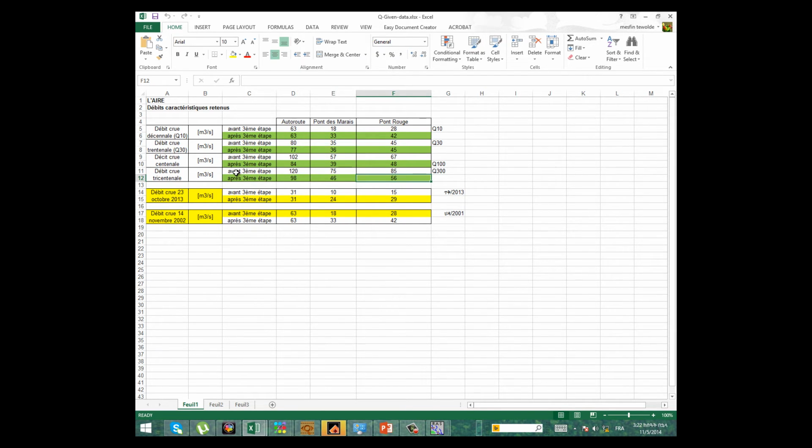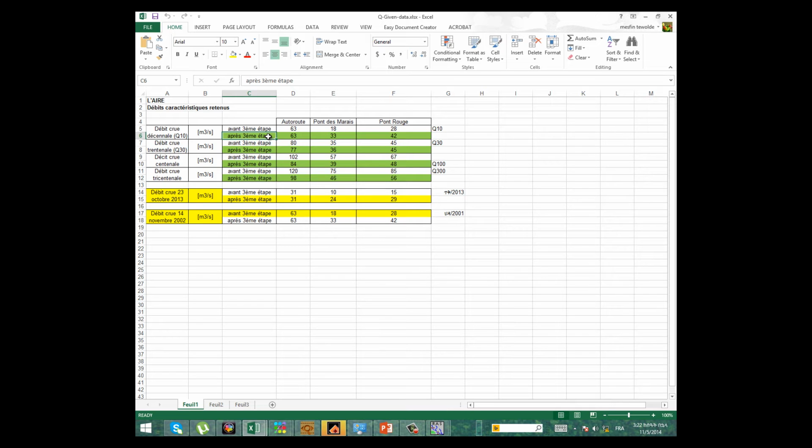So you see, along the river there is a construction, and before the construction, avant troisième étape, and after the construction, après troisième étape.